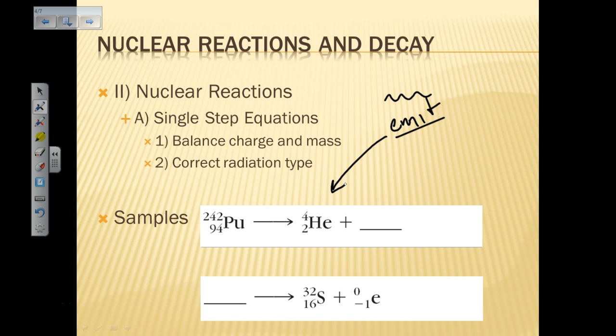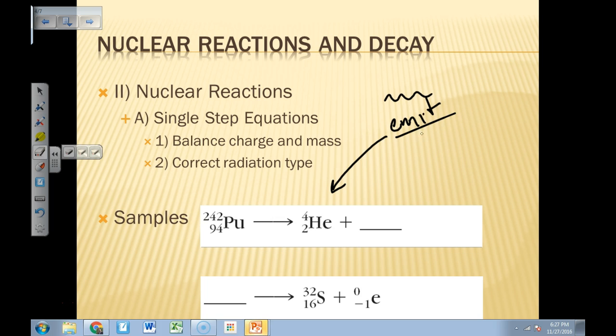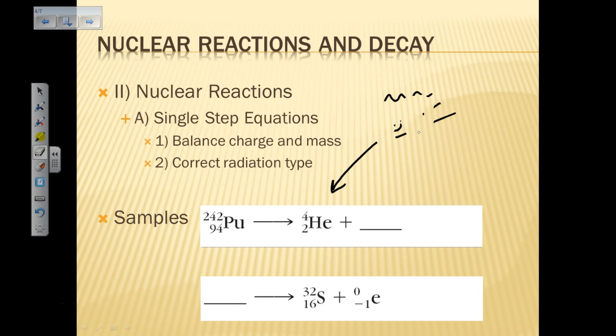Most of the nuclear reactions that we're going to be studying are emission reactions. There's only one that I can think of that is going to be a capture. There are a lot of capture reactions, but there's just one that we're going to be talking about, and this one's later on down the line. Okay, but nonetheless, let's get rid of this.